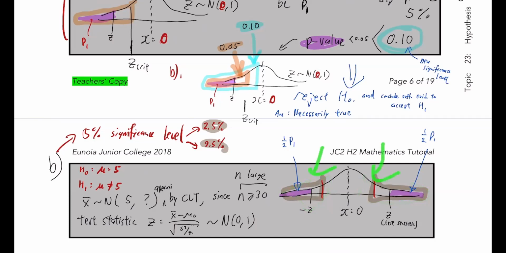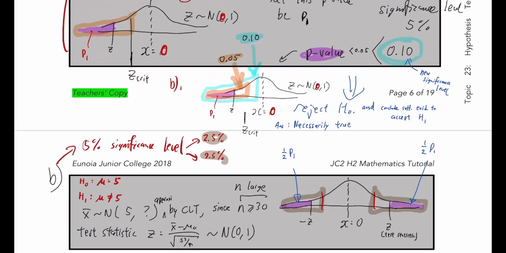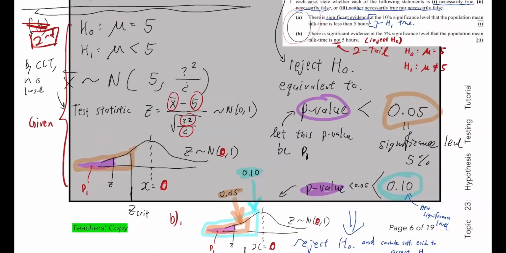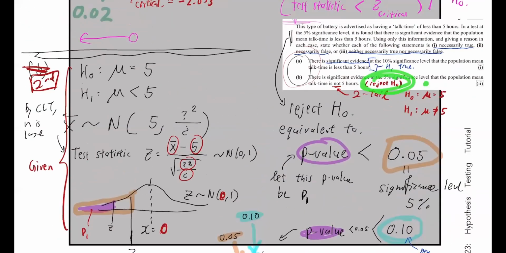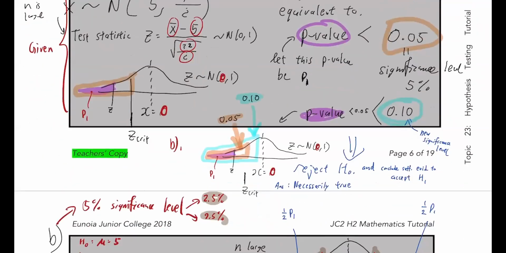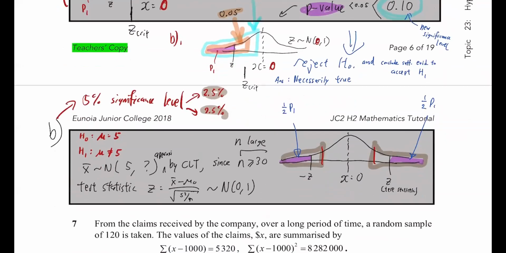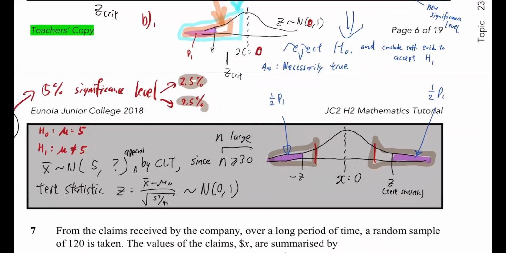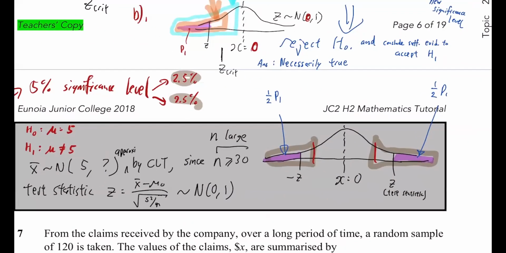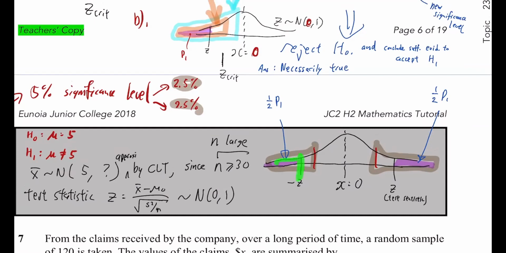2.5, yeah. So what is the requirement for us to reject H naught? Remember, we want to make sure we reject H naught. We need our p-value to be more extreme than the significance level. More extreme means a smaller area, right?